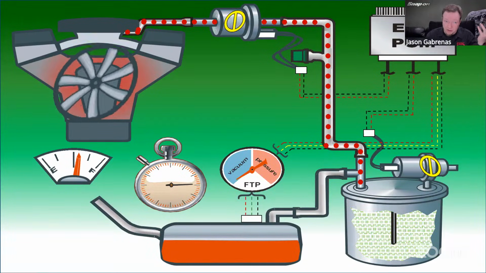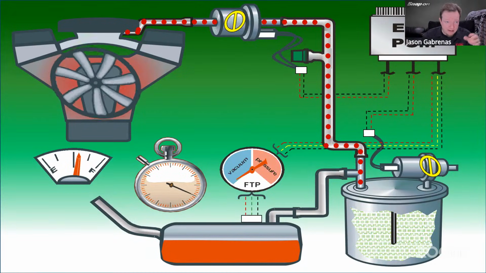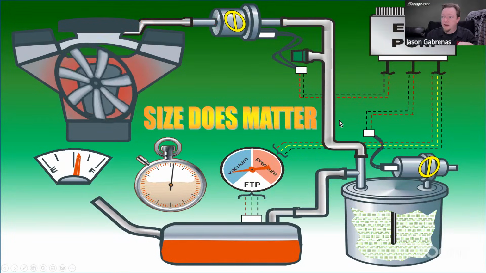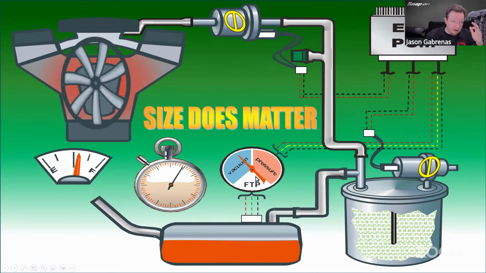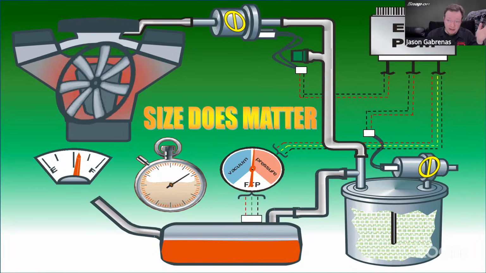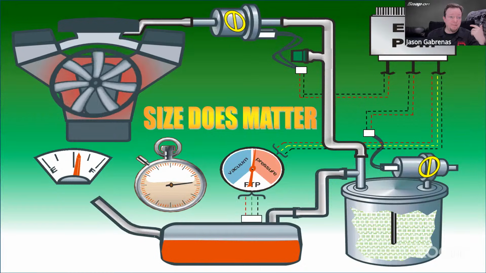Now, in the real world, I'm sure it's going to decay at least a little bit because usually there's at least a teeny tiny bit of a leak in there. It's not enough to set a code, but usually there's a little bit of a leak. And then if it does decay quickly, then I know I have a larger leak. If it decays slowly, then I know I have a smaller leak. And the computer can judge based on how long that vacuum takes to decay, how big the leak is.